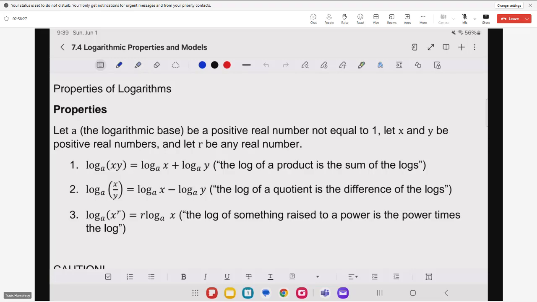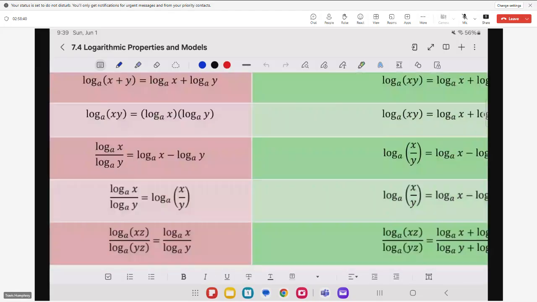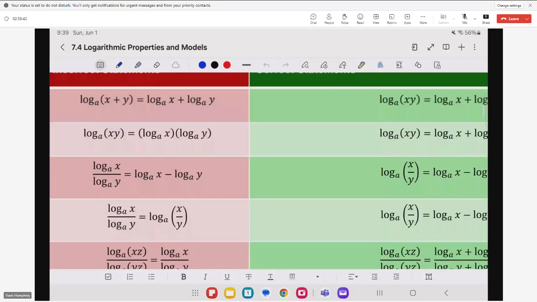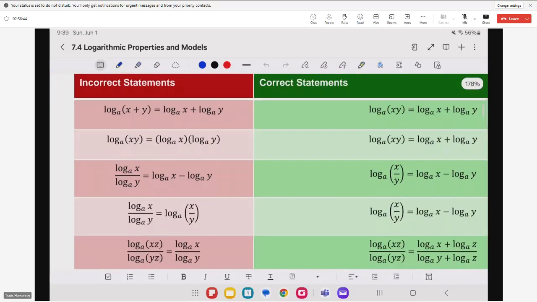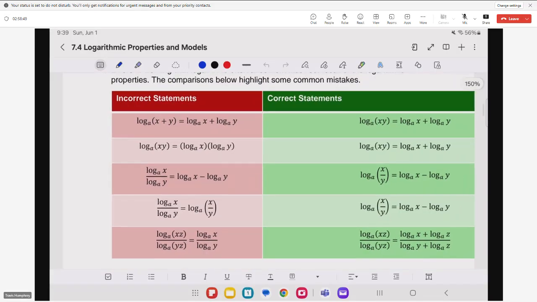The log of something raised to a power is the power times the log. We will use these properties of logarithms to compress or expand logarithms. This table demonstrates the correct statement versus some often incorrect statements.